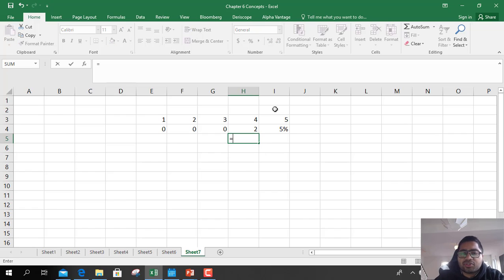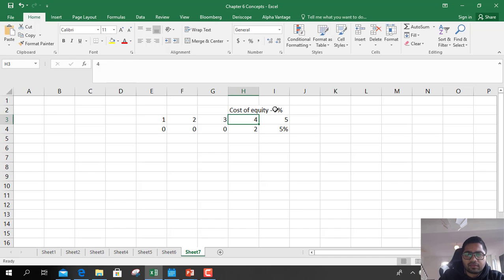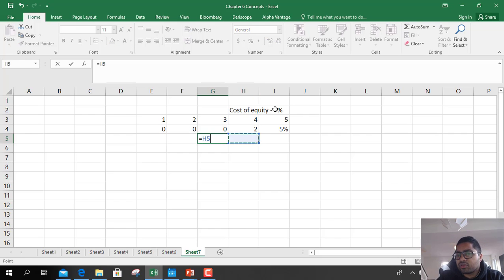First, you use the dividend discount model. Let's say the cost of equity in this case is 7%. First you find the value of this stock at the end of the third year. How to do it? The dividend in the fourth year divided by cost of equity 7% minus 5%.